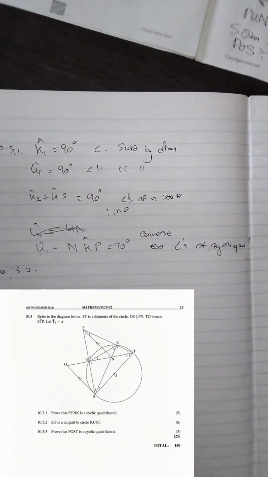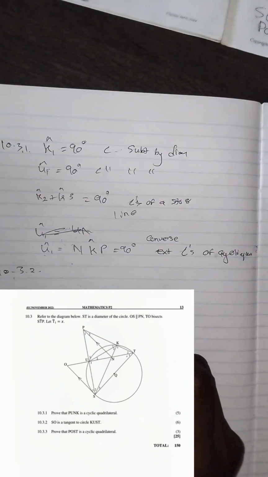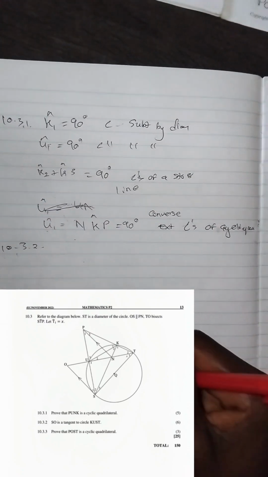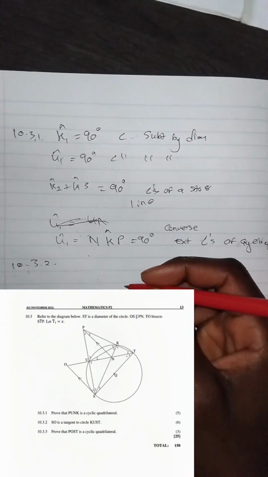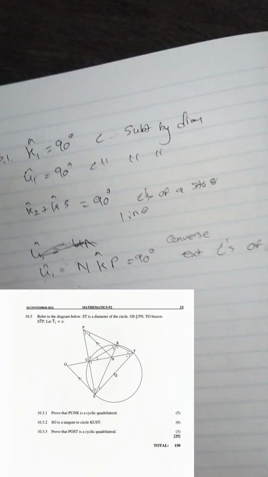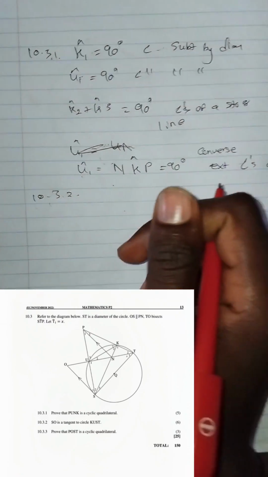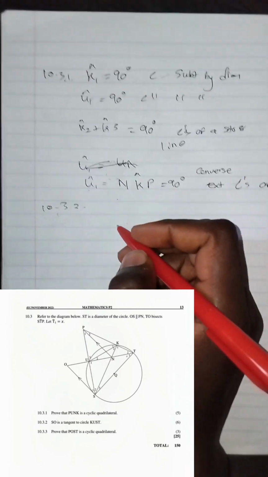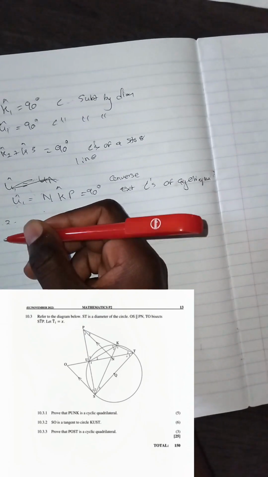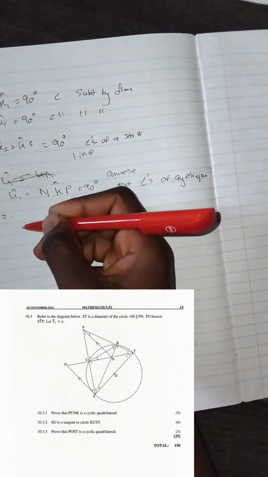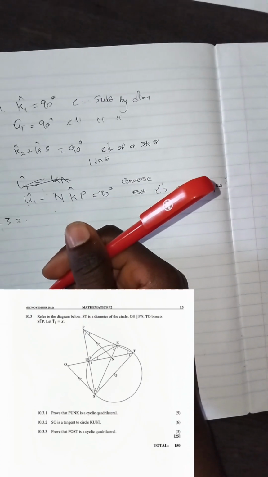Prove that SO is a tangent to KUST. In order for us to prove that SO is a tangent to the cyclic quad KUST, you are given that T1 is equal to x.